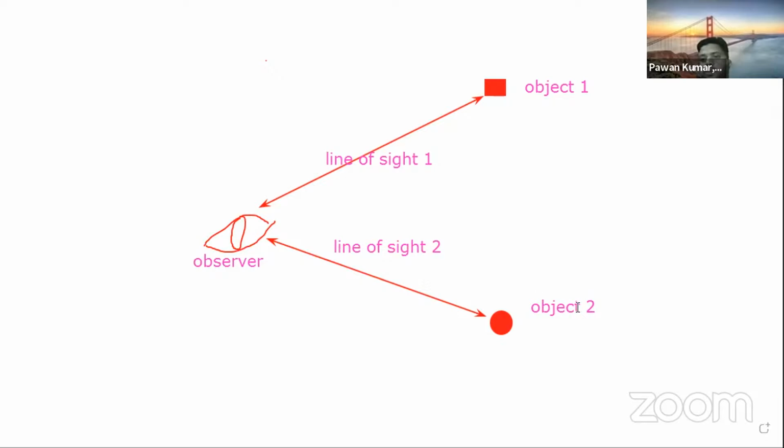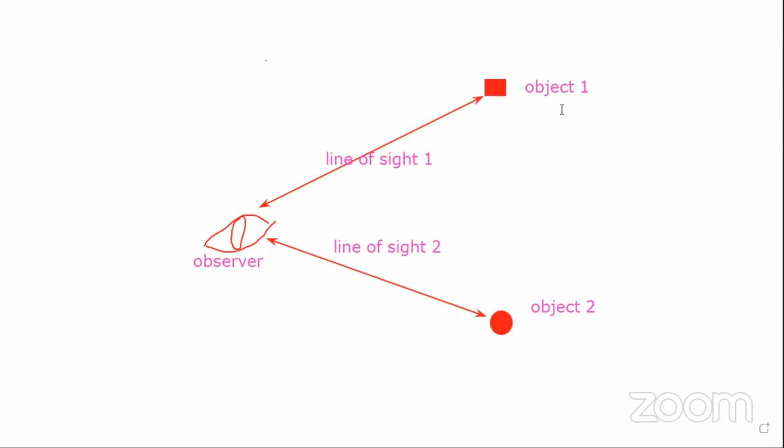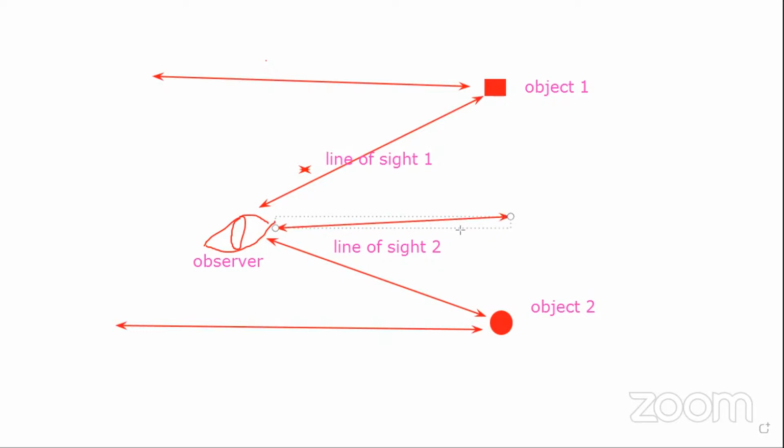From here I'm seeing object 2 here and object 1 here. Now I draw a horizontal line from the eye, parallel to this side.